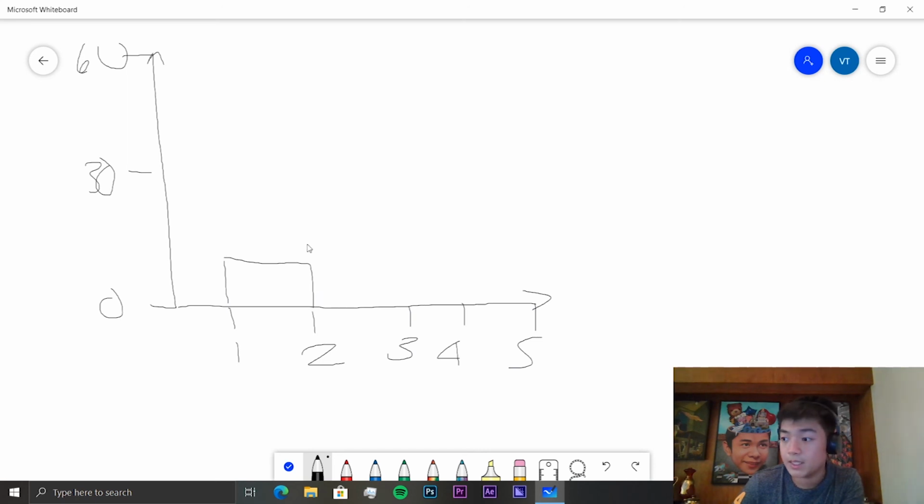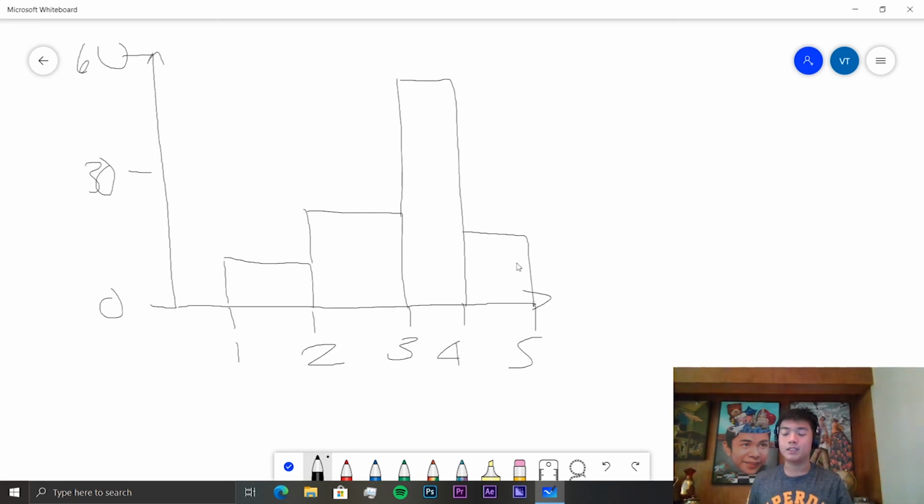Let me quickly sketch out what the histogram looks like. We're being asked whether it's displaying discrete or continuous data and to suggest what it might be displaying. So is this discrete or continuous?